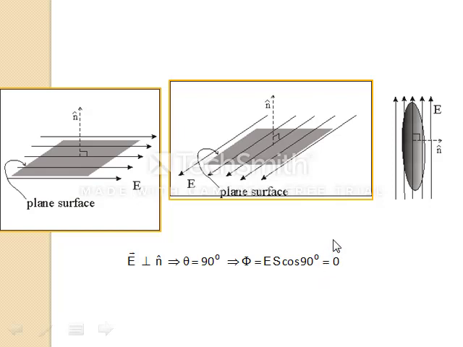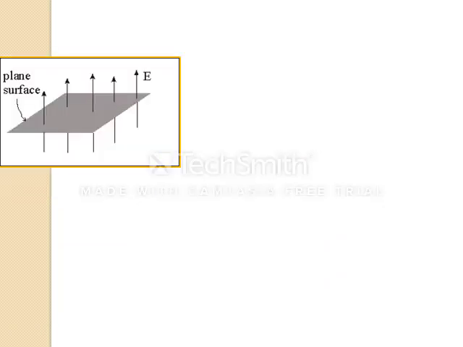There is yet another special case. This is a surface and the lines of force are crossing the surface perpendicularly. Let's compute the flux in this particular case. We'll begin the same way by first drawing the normal to the surface. This is the normal to the surface which we have drawn. Now see that the normal to the surface and electric field are in the same direction.